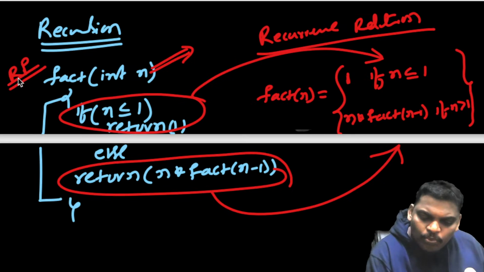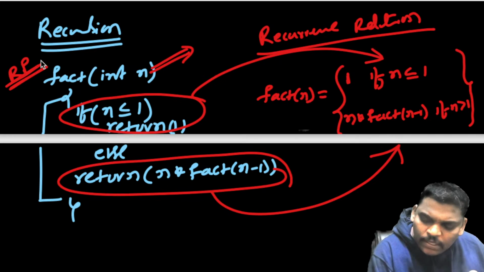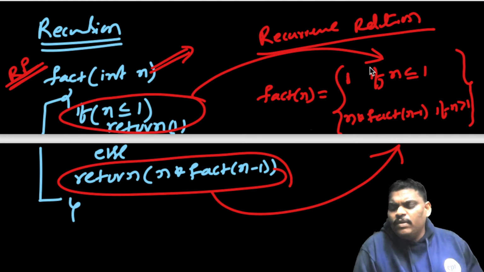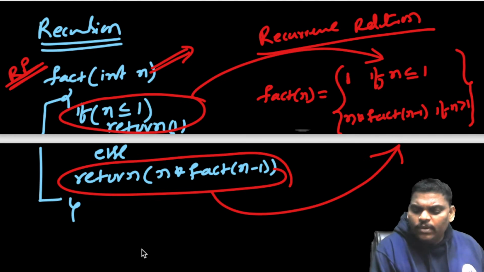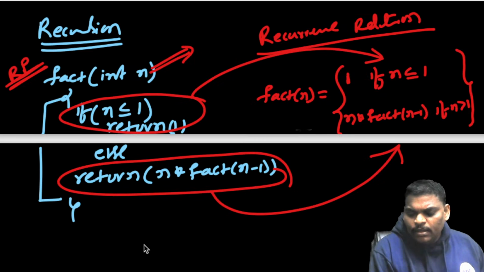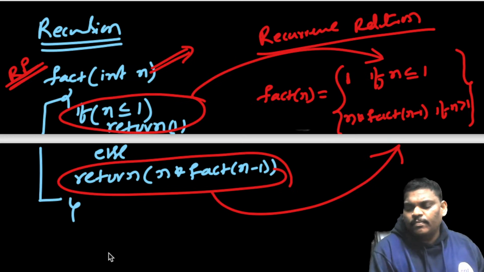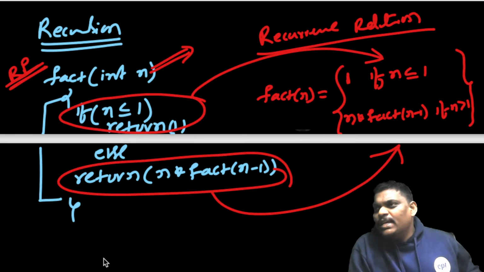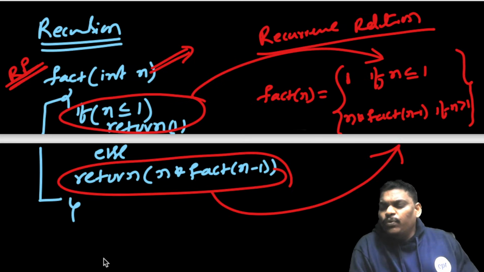This is the recursive program. This is the recurrence relation. So remember everyone: if you are able to write a recursive program, the recurrence relation is also there. That is the reason people used to say that if you know mathematics, you know programming also.